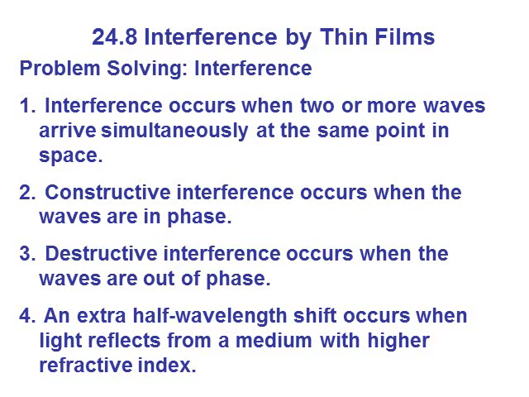And in the book it says if it's a higher index, it's going to flip the wave over, and if it's a lower index, it's going to bounce back on the same side. Well, this also applies to light: when it reflects from a medium with a higher refractive index, it shifts by half a wavelength. So you have to take that into account when you're doing your calculations.